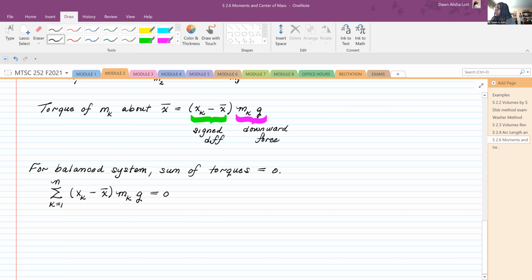Remember, this equation above is the torque for just the one MK. Now I'm adding them all up. So I'm adding the torque for every child that's sitting on this seesaw.